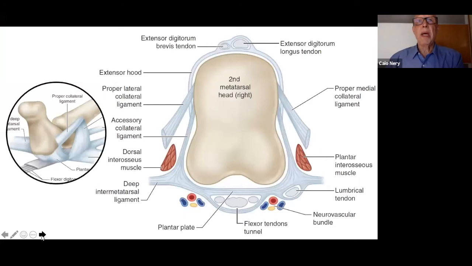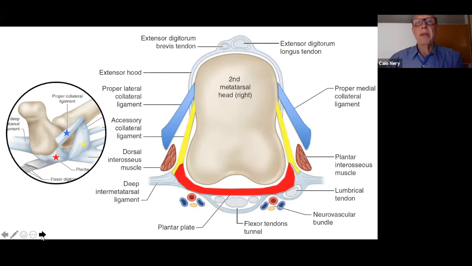From the medial and lateral metatarsal tubercles to the proximal phalanx plantar prominences run the proper collateral ligaments. These ligaments have little or no insertion onto the plantar plate, but they are very important to the joint stability.